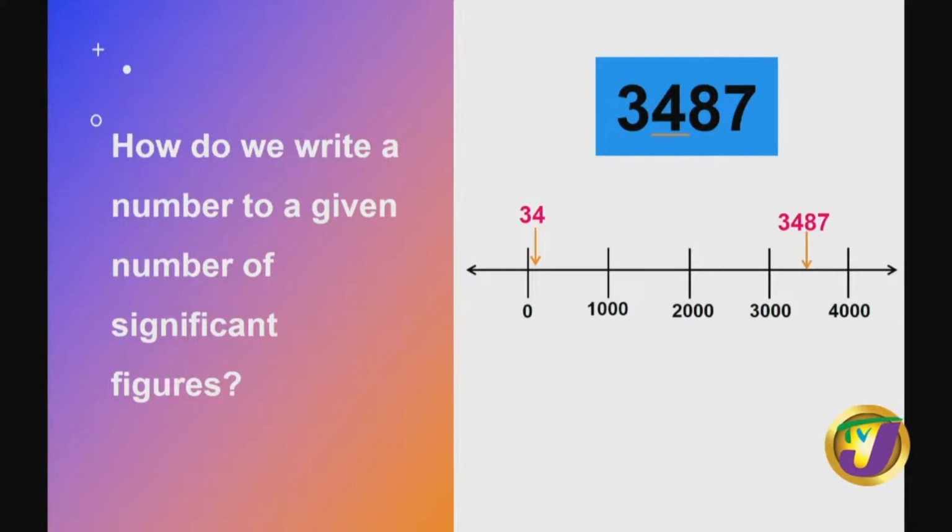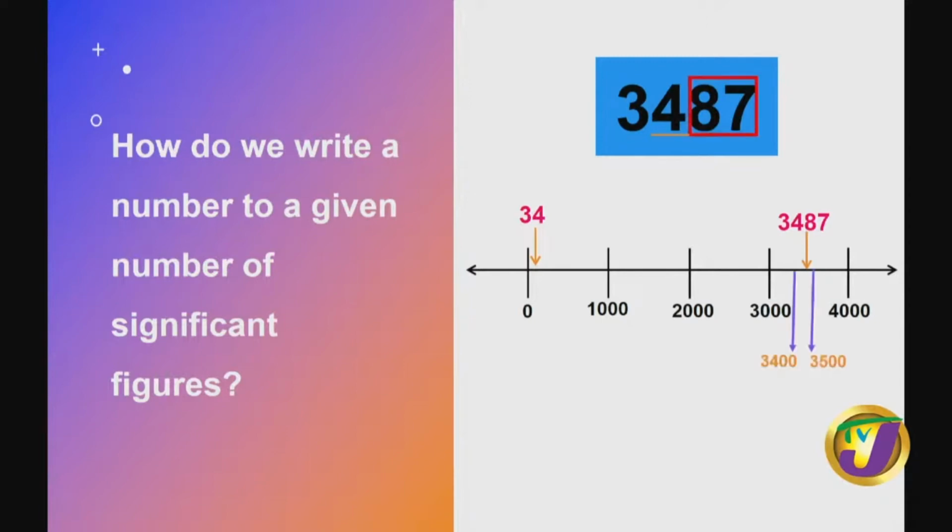So we're stopping at our hundreds place. The 4 is 400. So what two places is 400 close to? The nearest hundreds place would be 3,400 and 3,500.